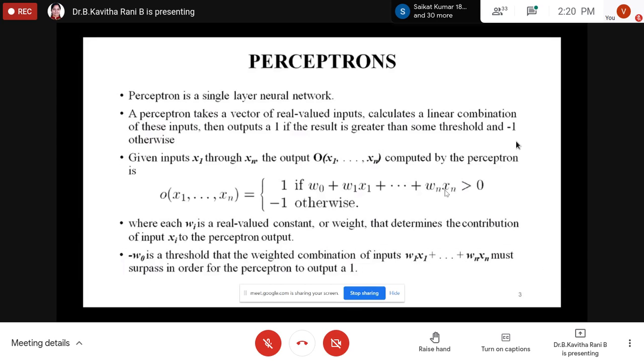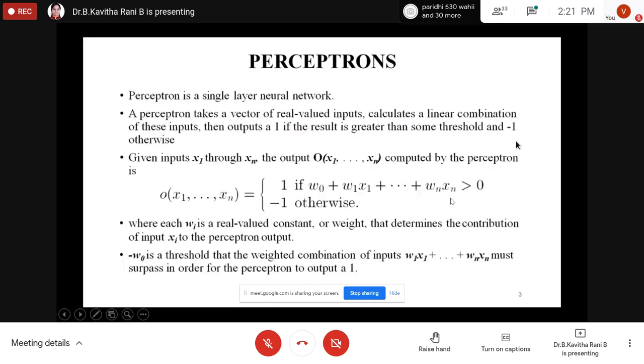If the threshold is 0, whenever the linear combination of all the inputs is greater than 0, then the output is 1. Whatever function we have, if we evaluate it and the value is greater than 0, then the output is 1.